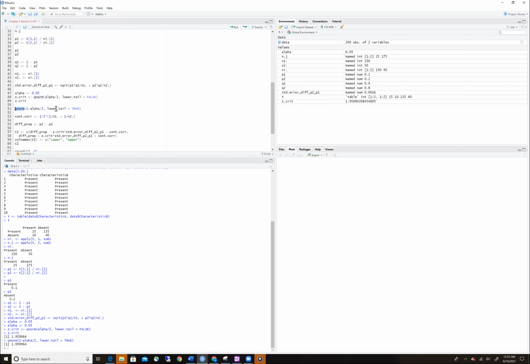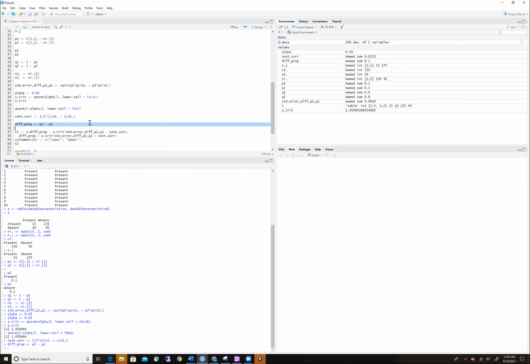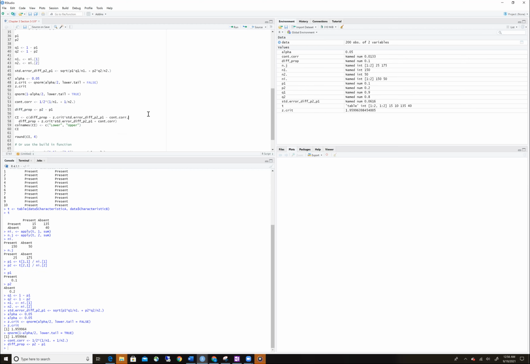All right, we can calculate the continuity correction, and I've just called this cont.corr, and that's given in our book as well. And I can do the difference of proportions, it's just P2 minus P1. And we use the regular formula. We take the difference of proportions, subtract the critical value multiplied by the standard error, and subtract off the continuity correction.